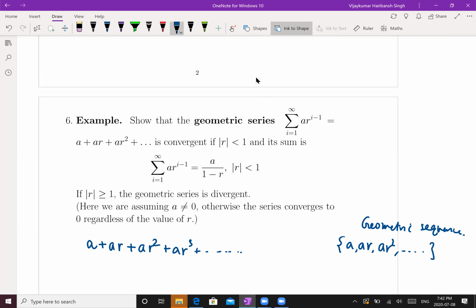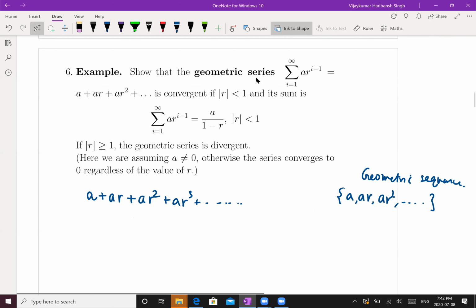Now we want to compute when it converges, and if it converges, what it converges to.